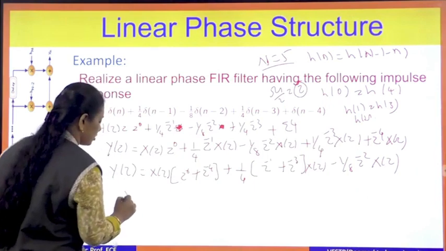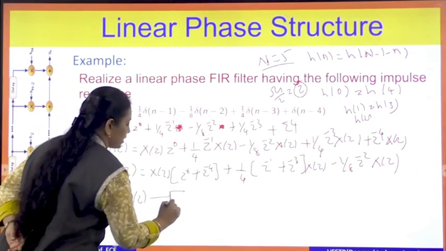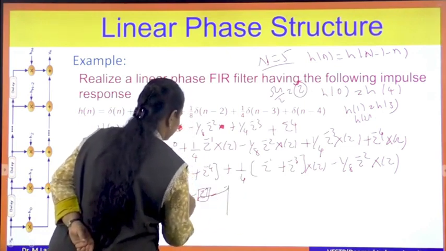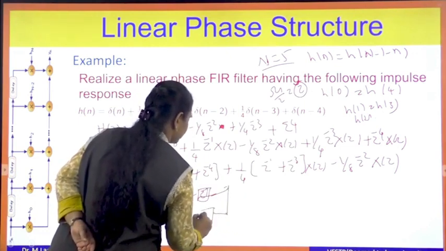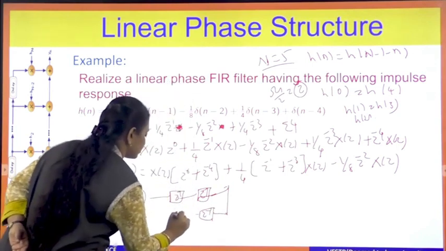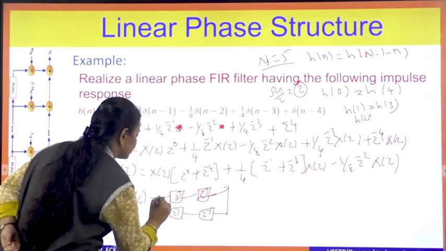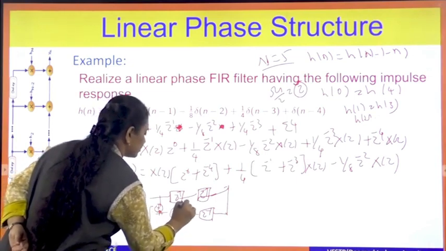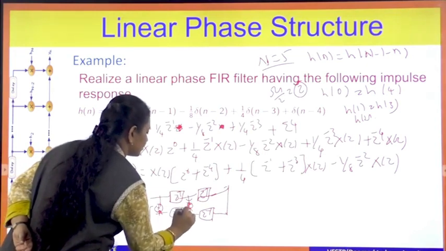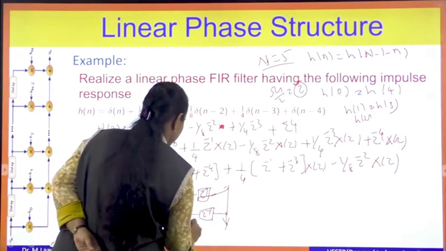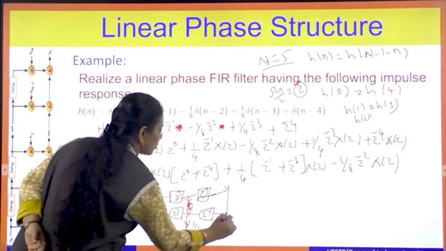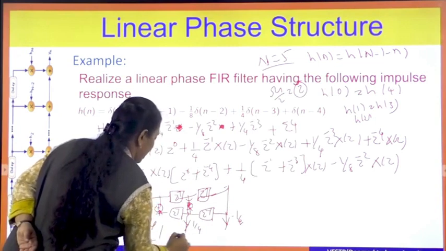If I draw it, equal number of delays, what are the multipliers? 1 by 4, minus 1 by 8. Add it.